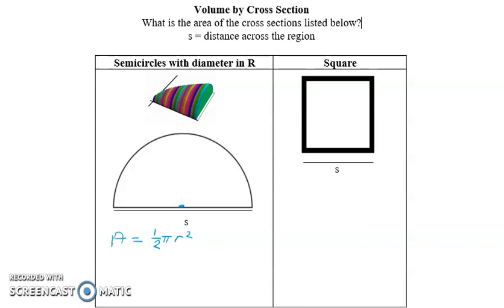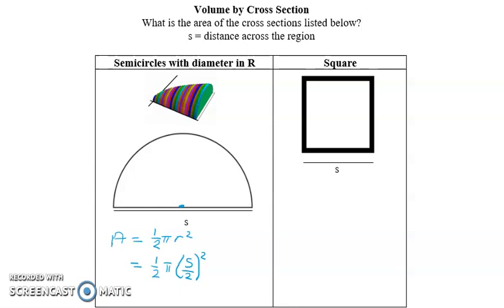But here, we don't really have r, we have s. We know that the radius is actually half of the diameter, which is s. So what we're really going to use here is 1/2 times pi, and instead of r, the radius is half of that diameter, which is s. So s over 2, squared.